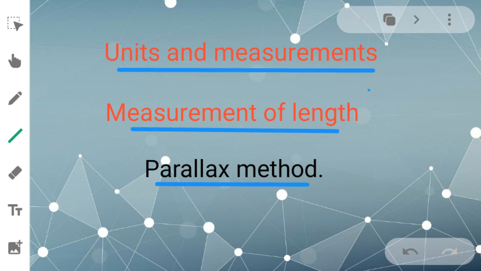The scales used to measure small quantities in day to day life or in laboratories, particularly for lower classes, are the meter scale, vernier calipers, and screw gauge. All these are instruments you will be familiar with when doing practicals.